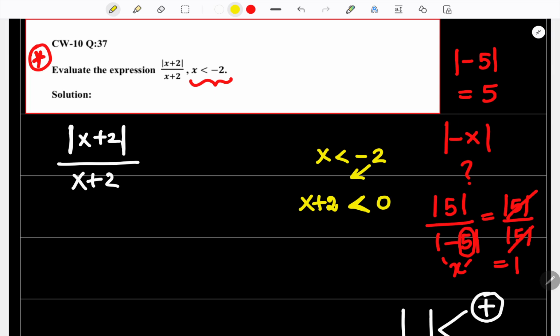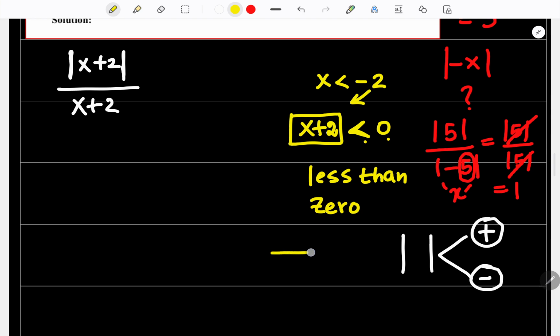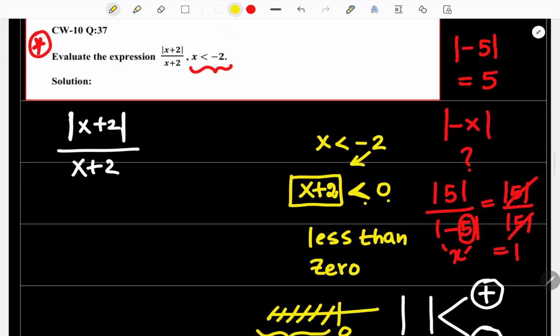Okay, so what is the meaning? This x plus 2 is less than 0. What is the meaning of less than 0? Look here, this is 0, and less than 0 is this area, right? This whole area is minus. So it means the absolute value of x plus 2 is minus.